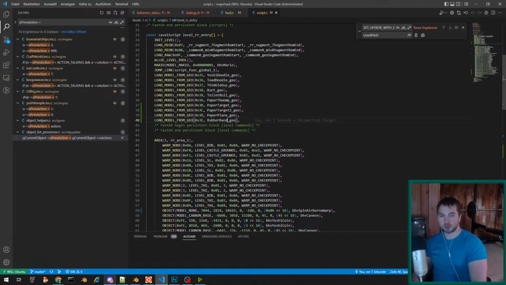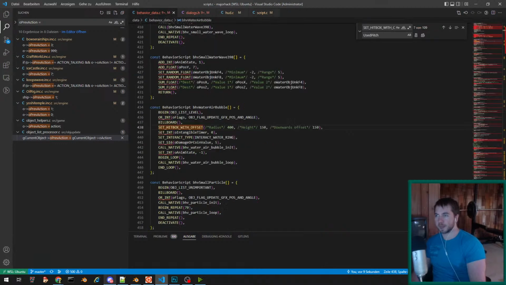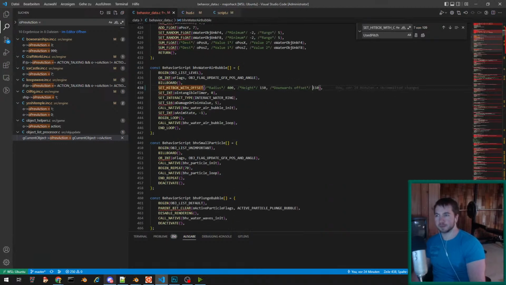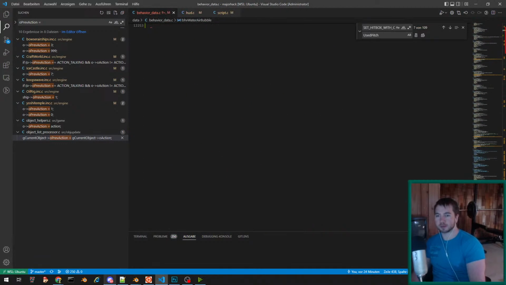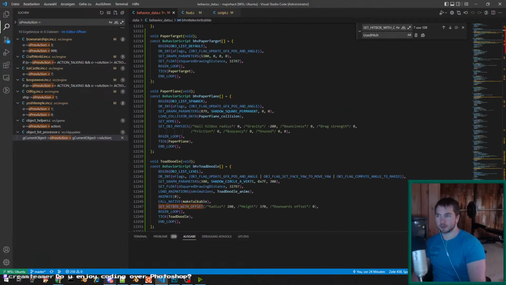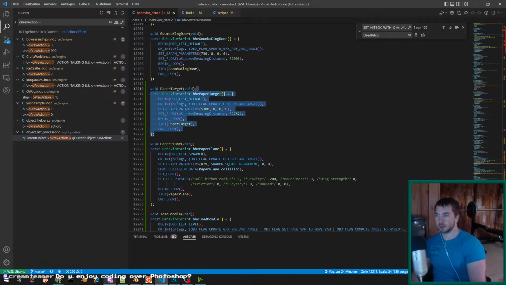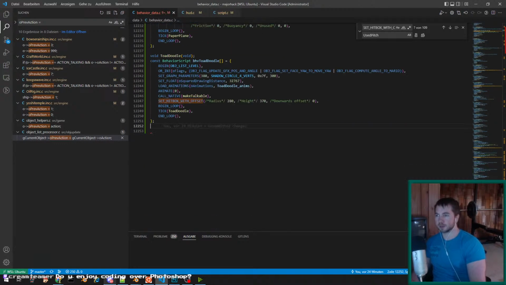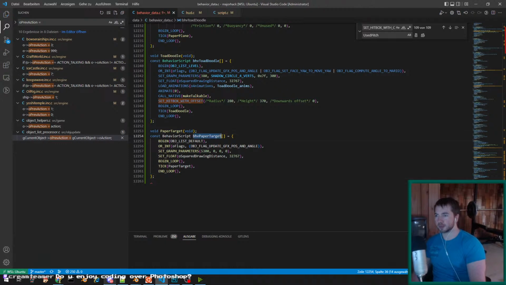Can the music be 1 or 2 dots louder? I'm just asking, what are you thinking? It is possible. Try coding over Photoshop? I hate Photoshop. I don't know how to use Photoshop.